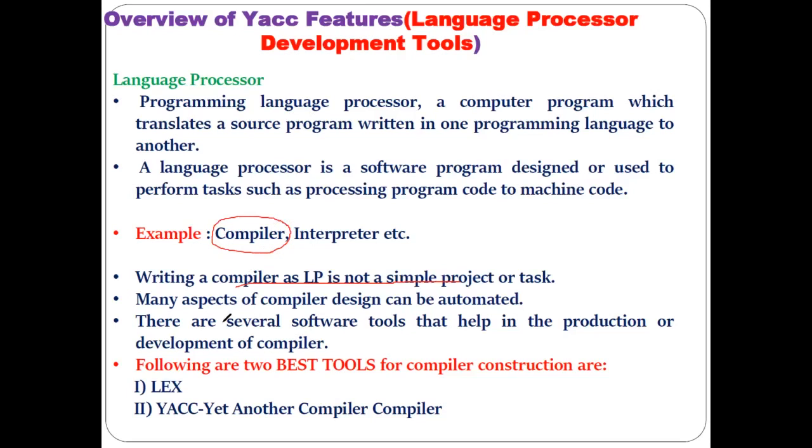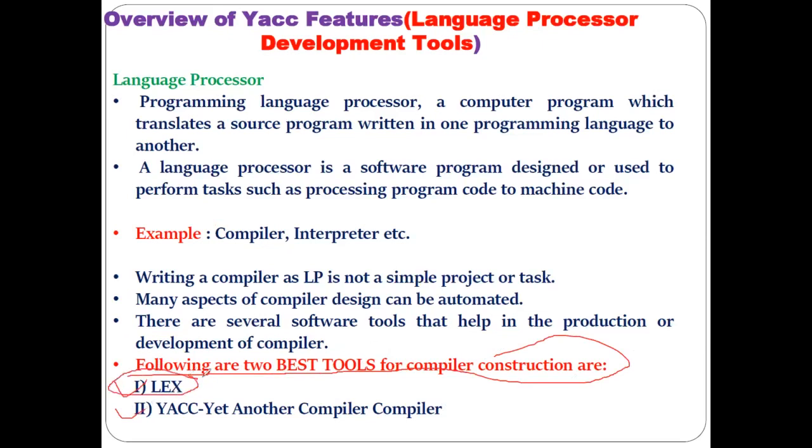Yes, and in the market several software tools are available which help us to develop the compiler or some phases of it. From the last some lectures we are discussing such tools, and the two best tools for compiler construction are LEX and Yacc.